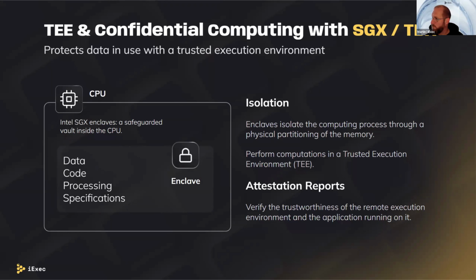And we've got attestation reports. These are reports provided by the provider, Intel SGX, that prove that your code ran in an SGX or TDX black box ecosystem. So you can prove that it ran in a private space. You can check the code of the iExec application to be sure that it's not malicious code.